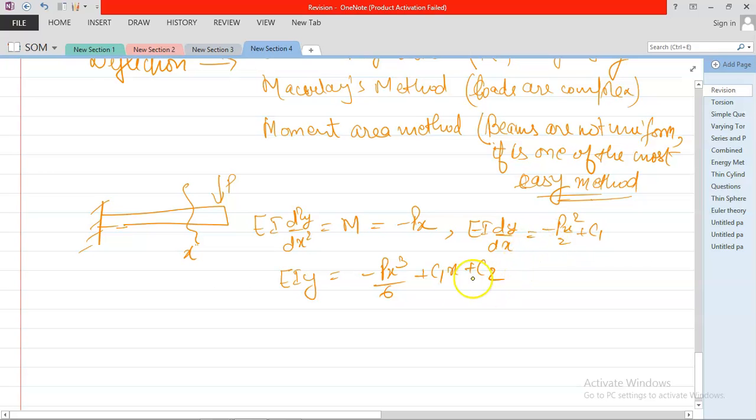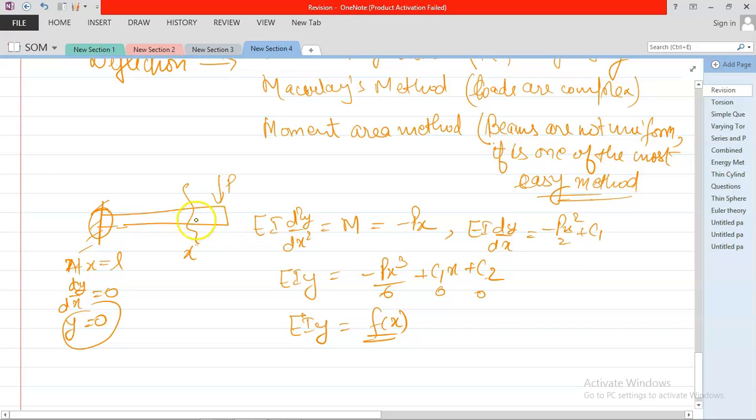Now what are the boundary conditions to obtain C1 and C2? Take this section at x is equal to L, where dy by dx is 0 and y is 0, because there is no deflection and no slope at this point. Then you obtain C1 and C2 and y as a function of x.